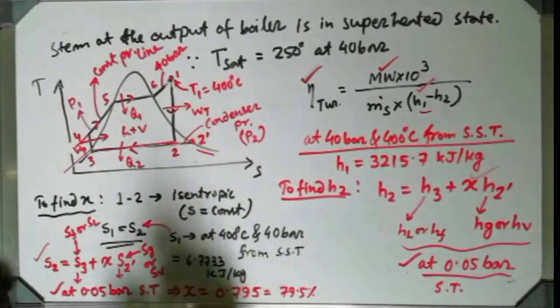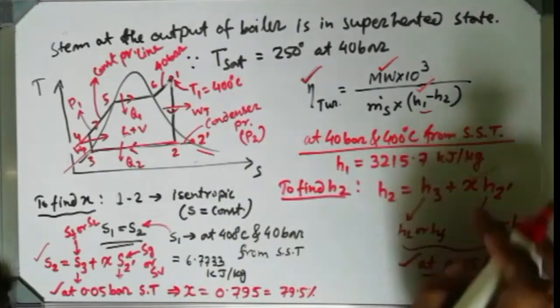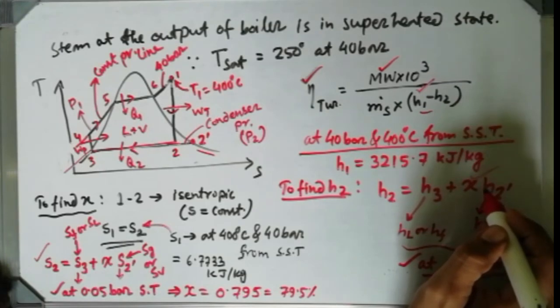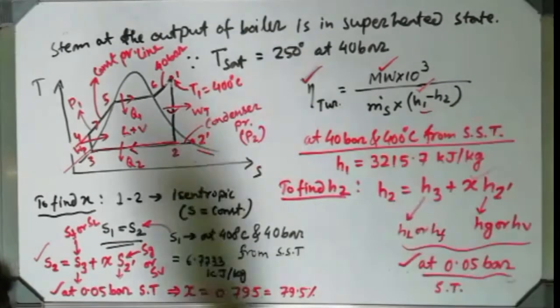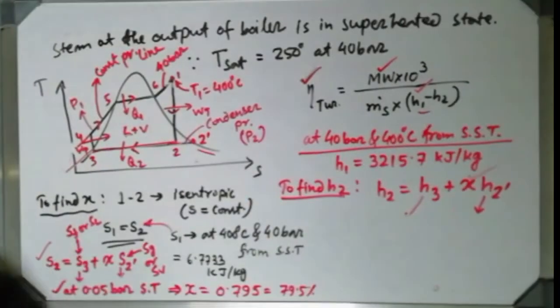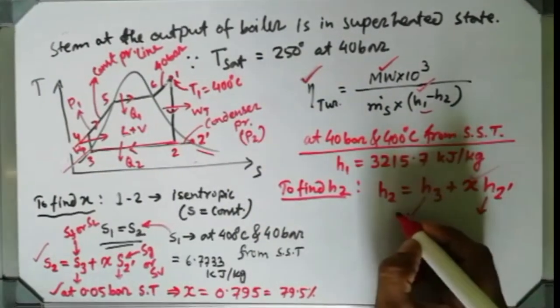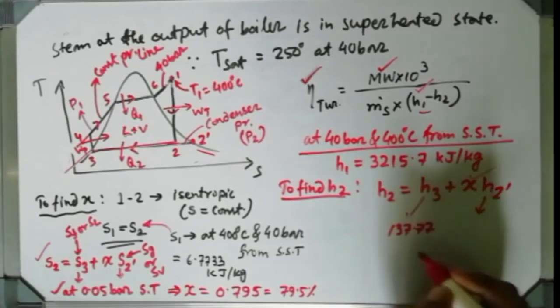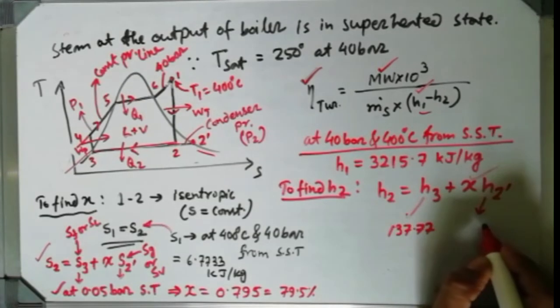Now when you have already got this value of dryness fraction, put it over there, and here H3 and H2 prime are also already available to you. I can give you the values of H3 and H2 prime that I have found. I have found that the H3 value is 137.77. All these units are in kilojoule per kg, mind it.